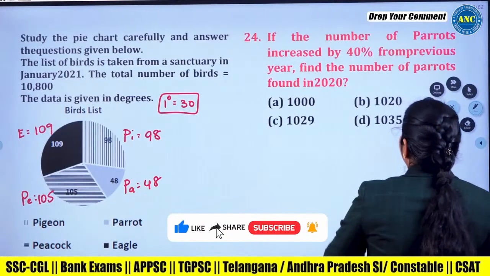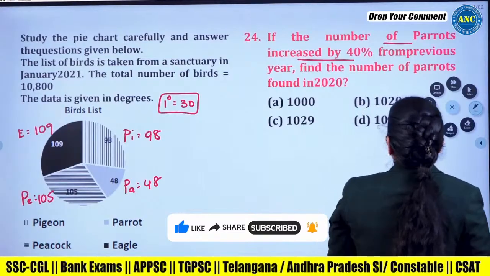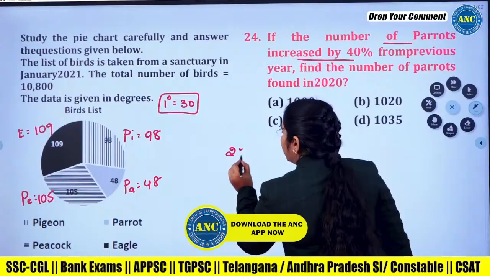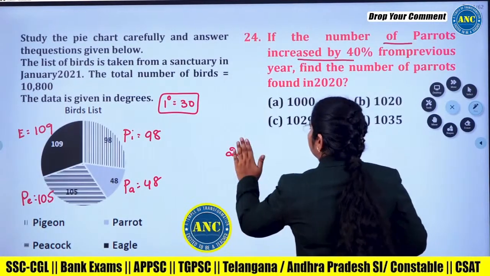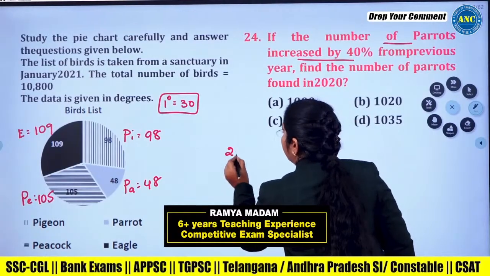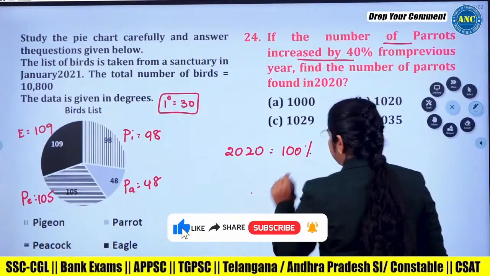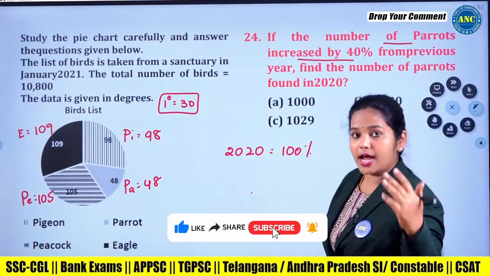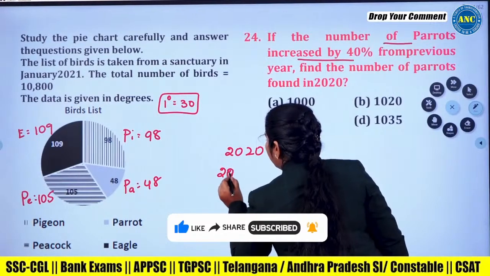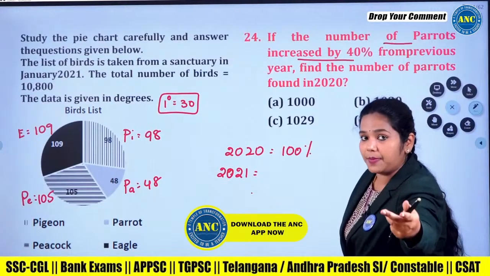They are saying the number of parrots increased by 40%. That means if in 2020 there are 100% parrots, assume in 2020 there are 100% parrots. What they are saying is in 2021 there is an increase of 40%.